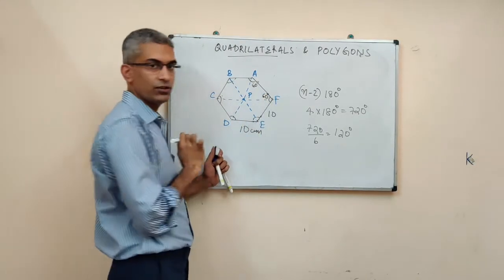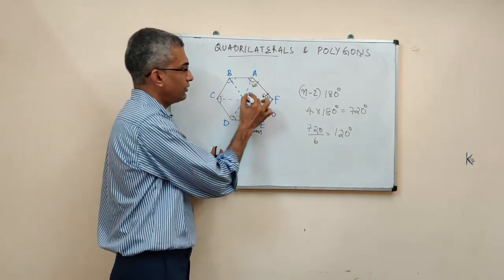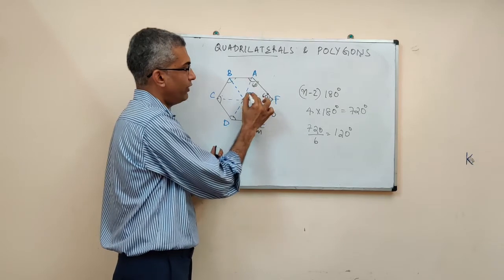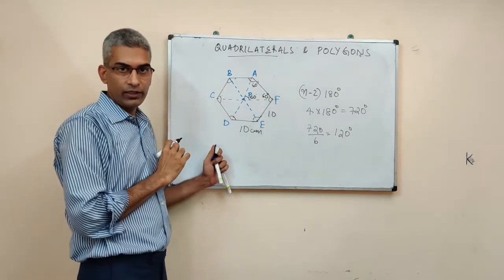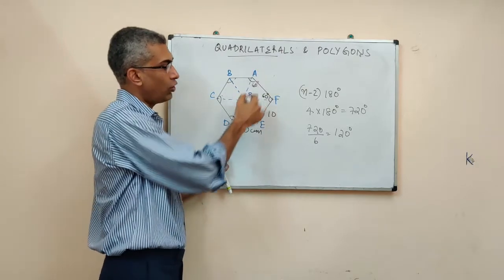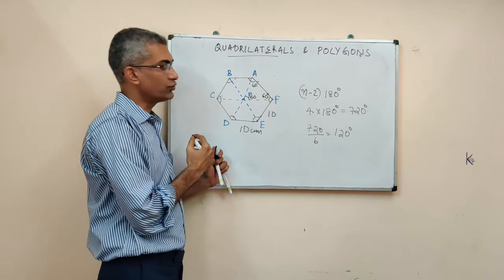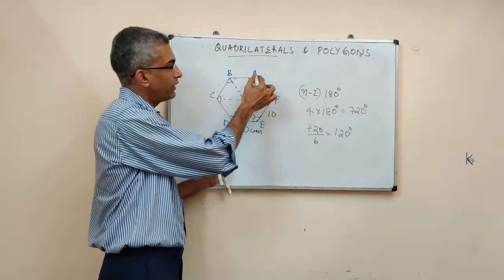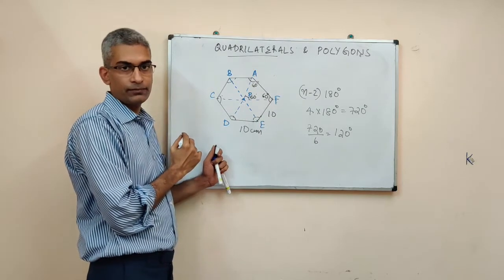Now if these two angles are 60, the angle APF will naturally be 60 because the sum of the three angles should be equal to 180. So all the three angles in this triangle are equal to 60 degrees. That means the triangle APF is an equilateral triangle.